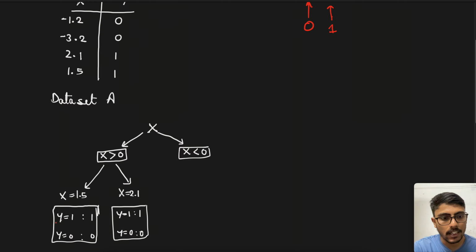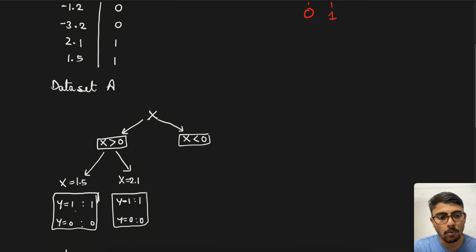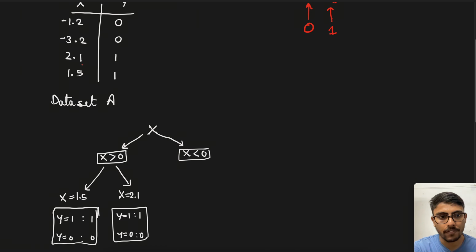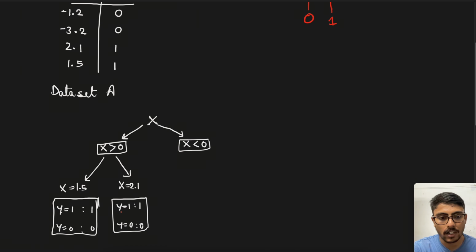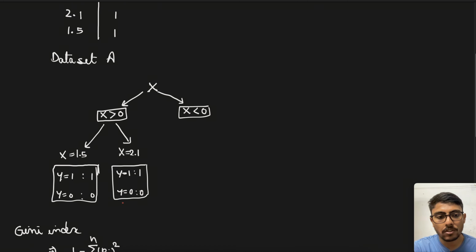If we see, the number of y equal to 1 has the target class 1 and y equal to 2 target class has 0 instances. Similarly for x equal to 2.1, we have one instance of the class y equal to 1 and 0 instances of y equal to 0. Since we are only concerned with the left tree, I have just drawn this. Similarly we can draw the other half of the tree as well.